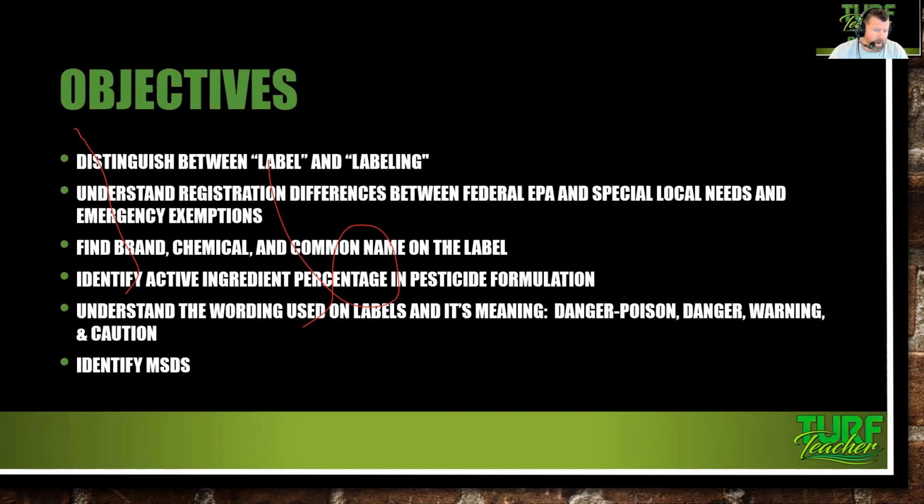And then we're going to find brand, chemical, and common names on the label. Then we'll identify active ingredient percentage in the pesticide formulation. And then we'll understand the wording used on labels and its meaning, whether it's danger, poison, danger, warning, and caution. And then we'll look at an MSDS sheet and identify some of the parts of it.